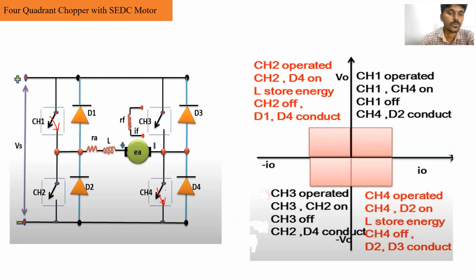So how is the current flowing? CH1 closed, CH4 closed. The current is flowing like this. Yes or no? The current will flow like this, right? Yes or no, please?